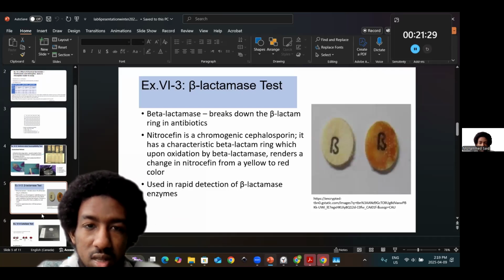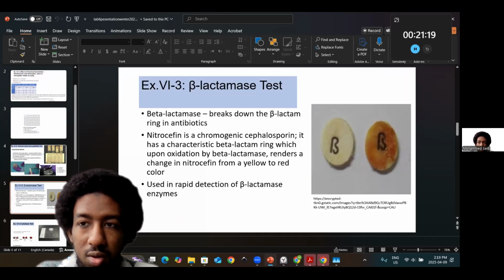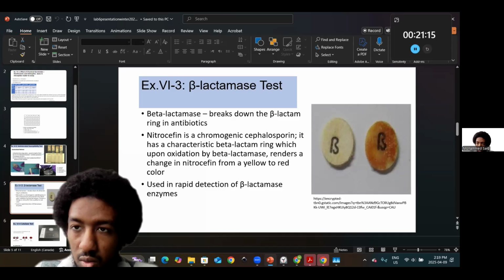The beta lactamase test is another important feature because you can connect the dots from the previous exercise: as different bacteria grow with different antibiotics seeded onto your plates, you'll come to appreciate that some bacteria are resistant and some are more susceptible to certain antibiotics.